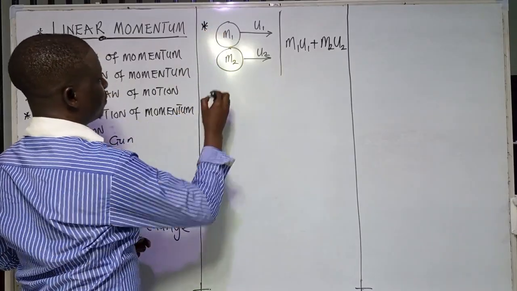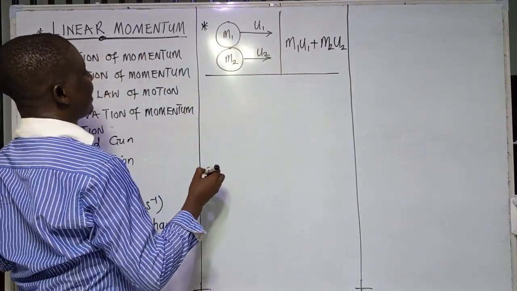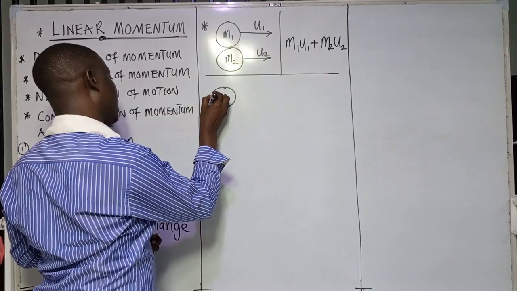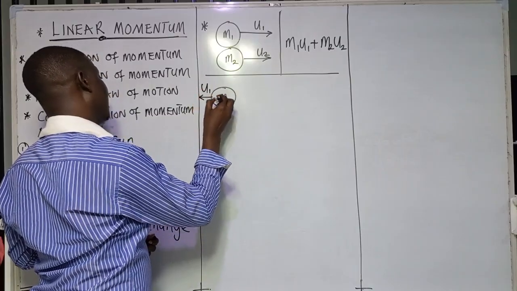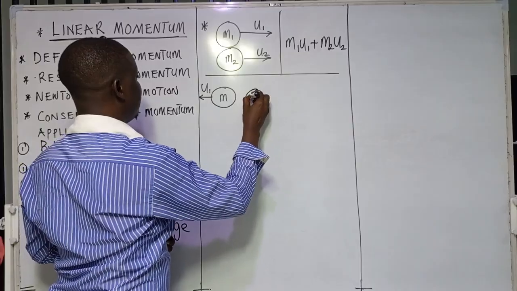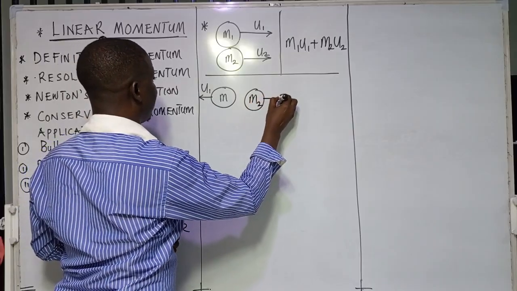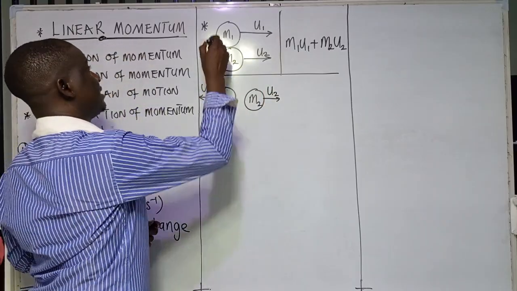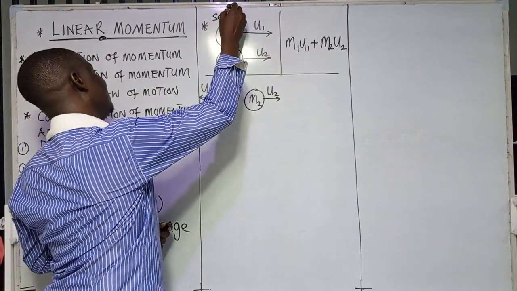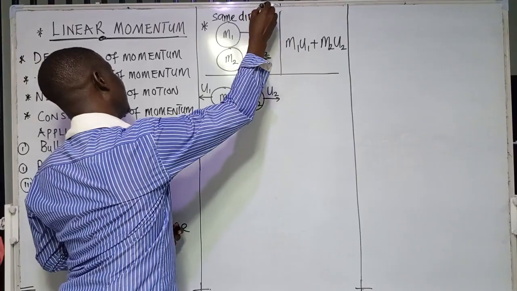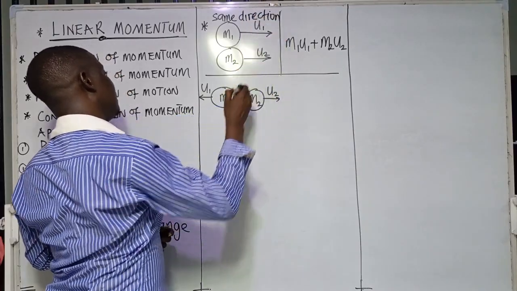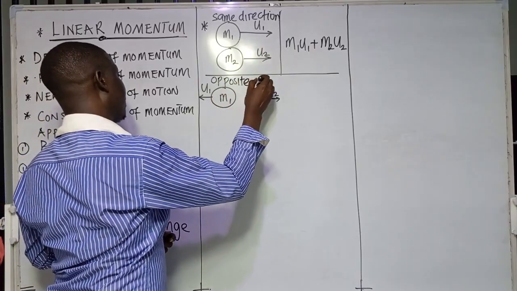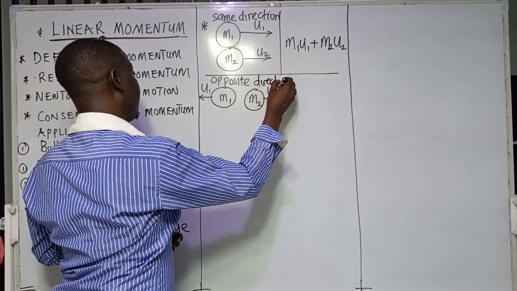Because they are moving in the same direction. Now let us look at a case where one is moving in the opposite direction. m1 is moving with u1, and m2 is moving in the opposite direction with u2. This is the same direction, and this is the opposite direction.